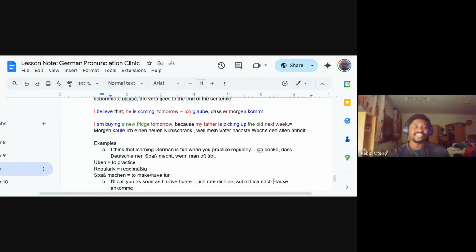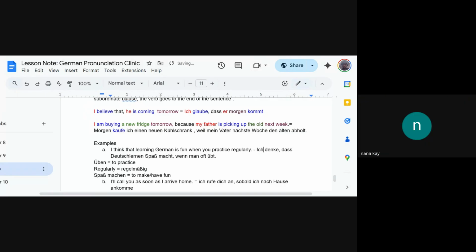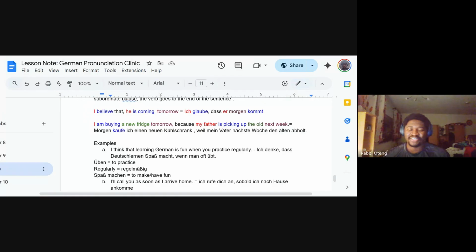This one is another B1 topic: conjunctions. Not all conjunctions are used like dass, wenn, so bald. Some conjunctions follow the normal order in the main clause.